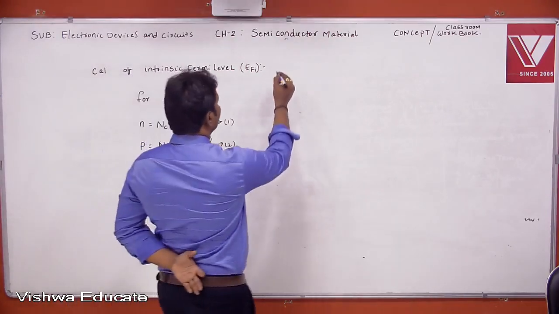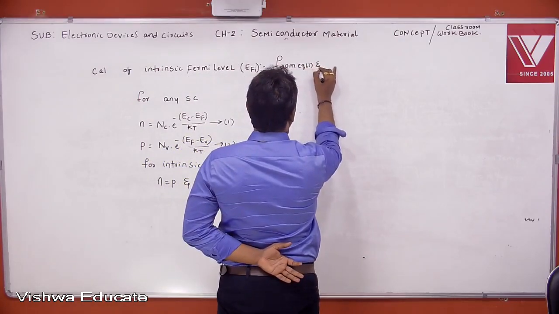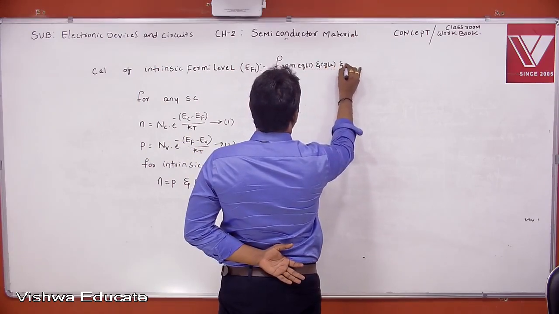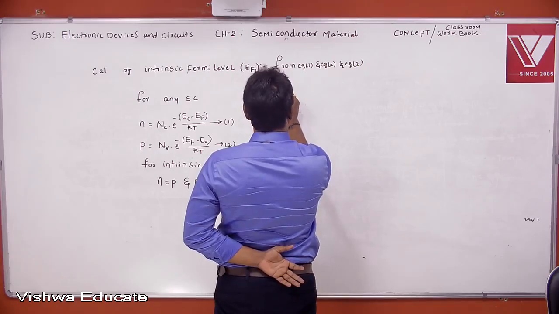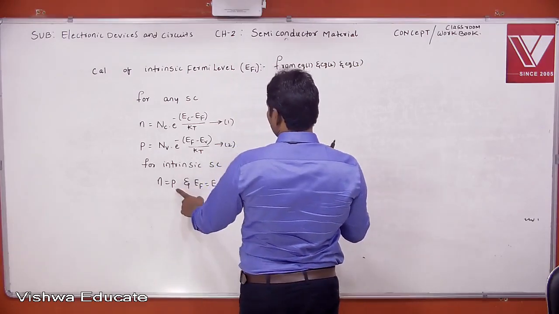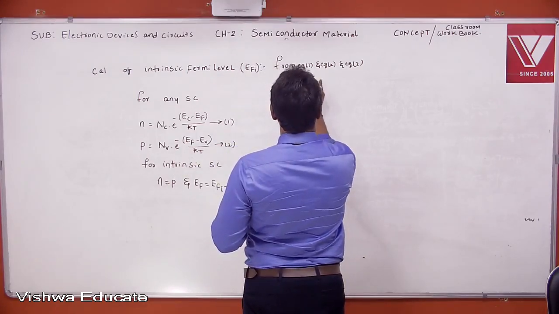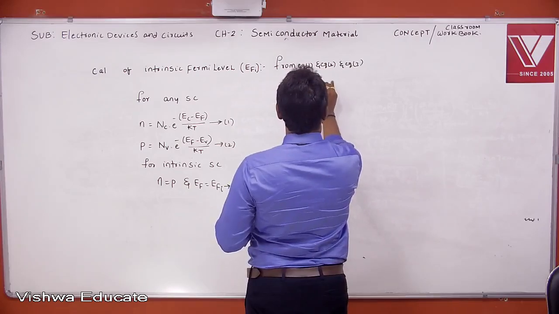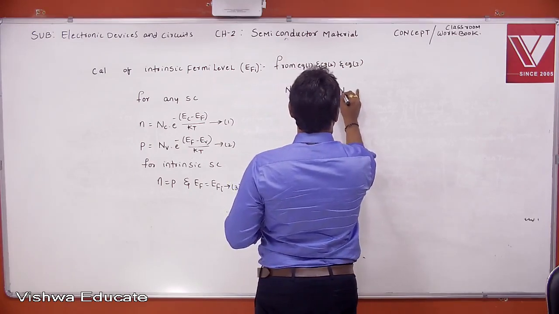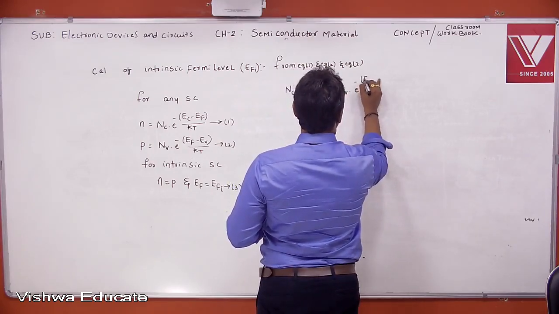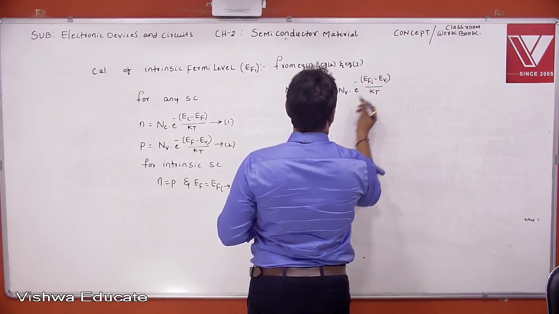From equations 1, 2 and 3, in case of an intrinsic semiconductor n equals p, equate these two: Nc into e power minus (Ec minus EFI) by kT equals Nv into e power (EFI minus Ev) by kT.